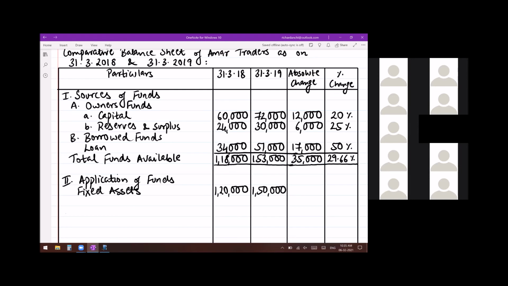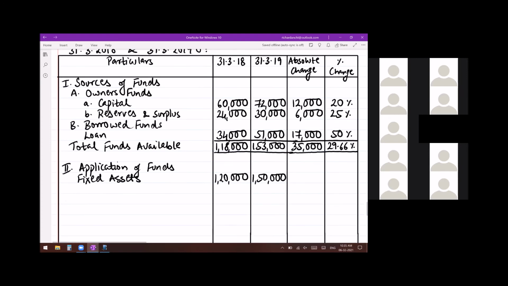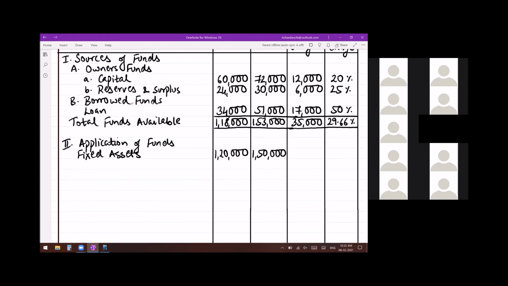And now time to calculate the change. In terms of amount, anybody has got the change? 120 last year, 150 this year. Increase by 30,000.